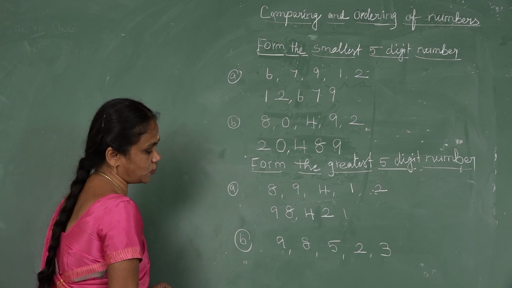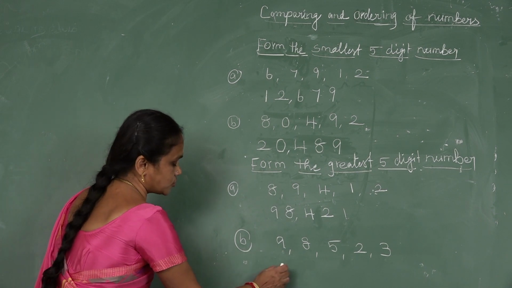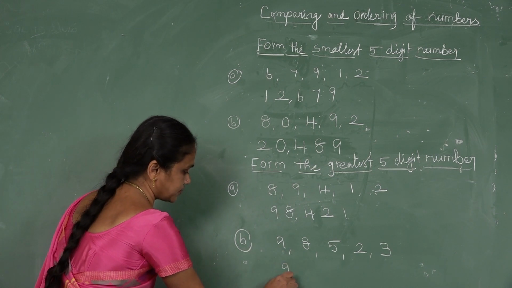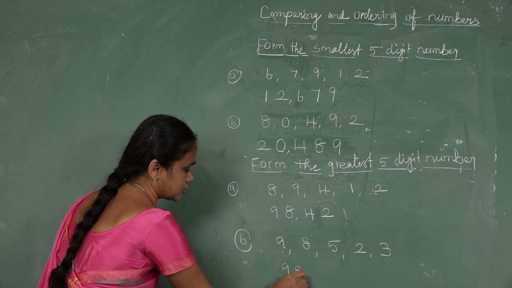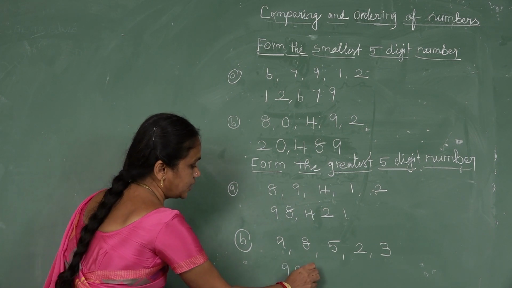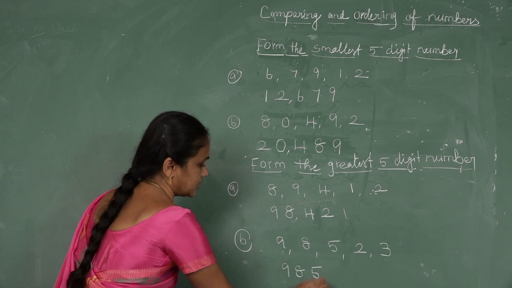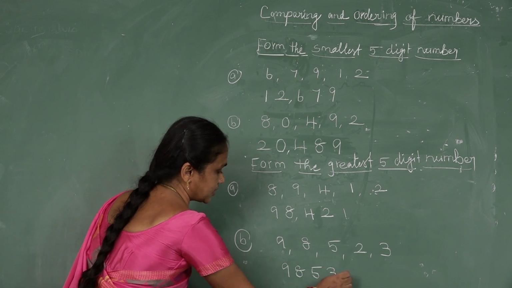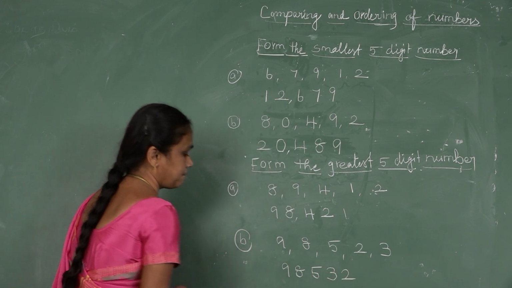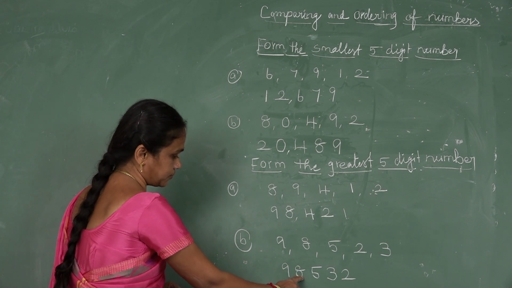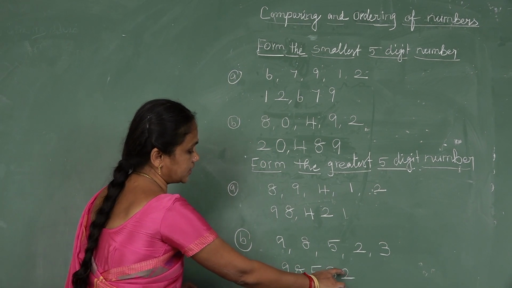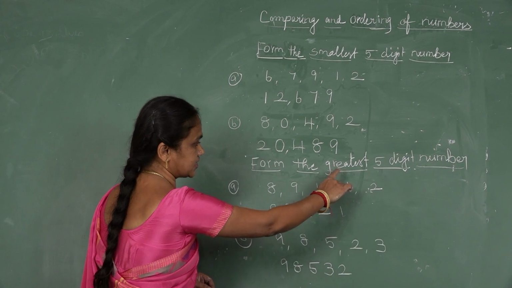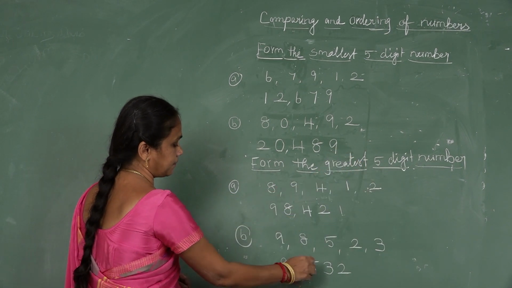Which is the biggest one? 9. So we write 9 first, then 8, then 5, then 3, then 2. 98,532 is the greatest 5-digit number.